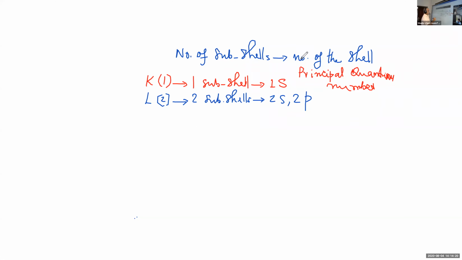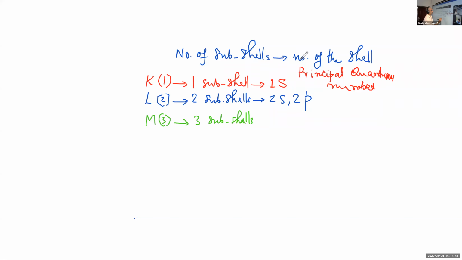Now you come to the next one, the M shell, the third shell. Here the number of the shell is equal to 3, the principal quantum number is 3, and therefore 3 subshells are possible.